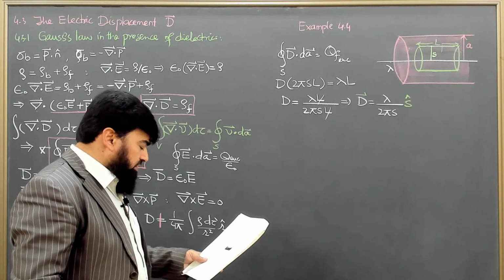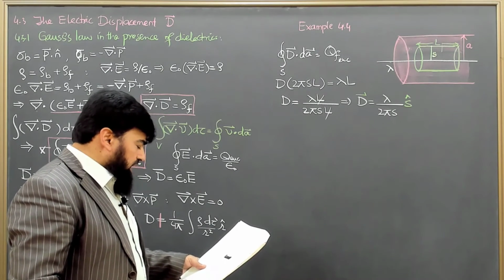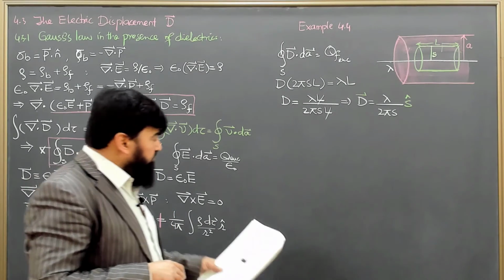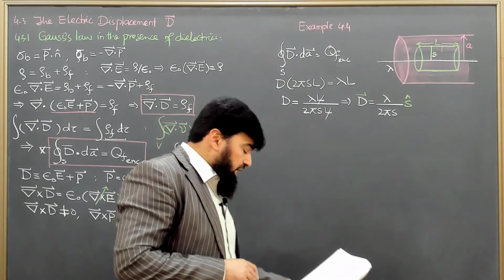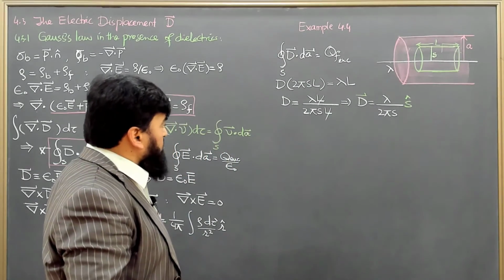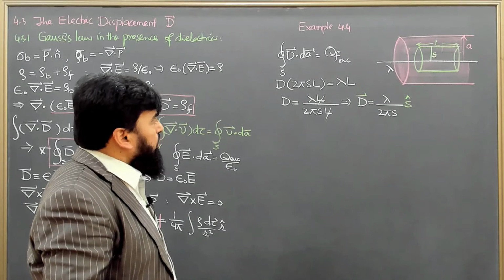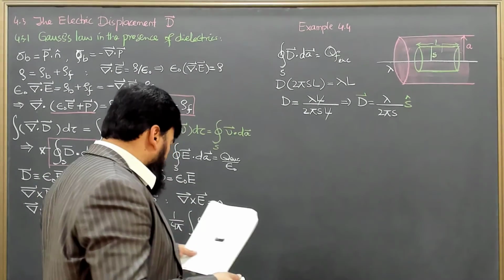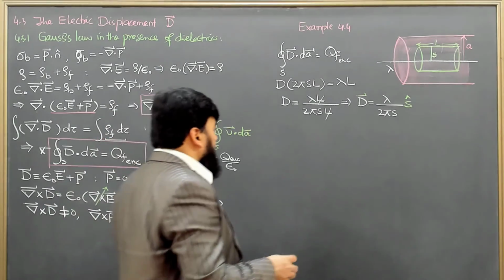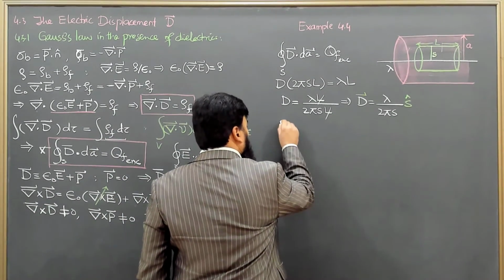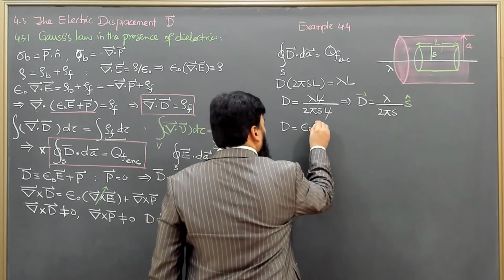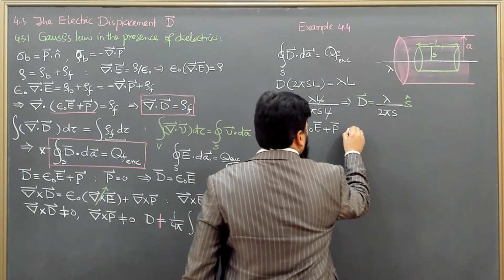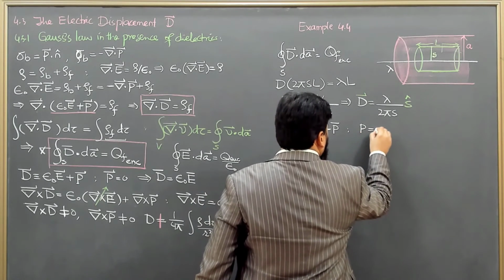Now, this is inside the insulation. Outside of this insulation, if I want to calculate the electric field, I know that D equals epsilon naught E plus P, and outside the insulation P is equal to 0.